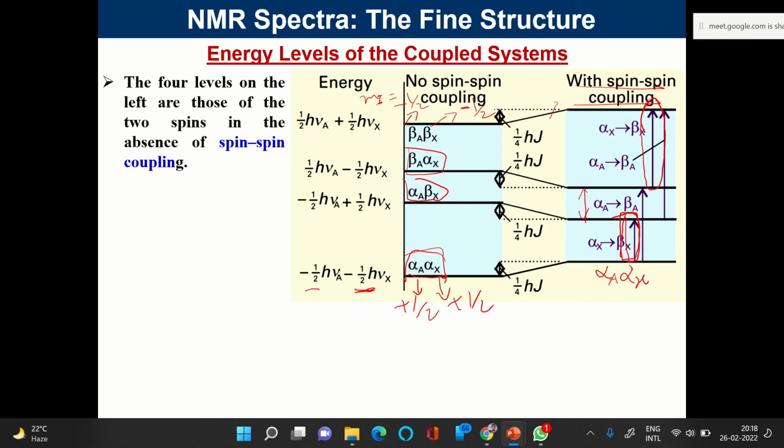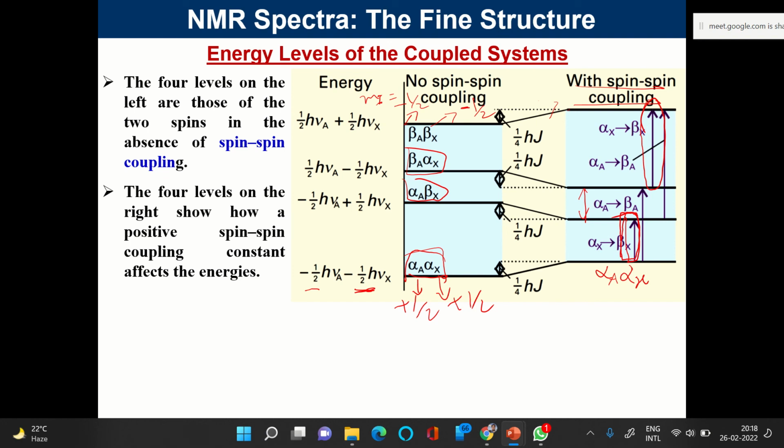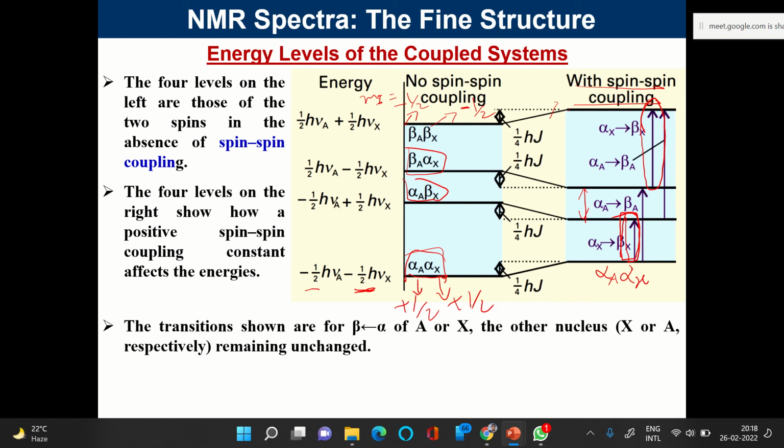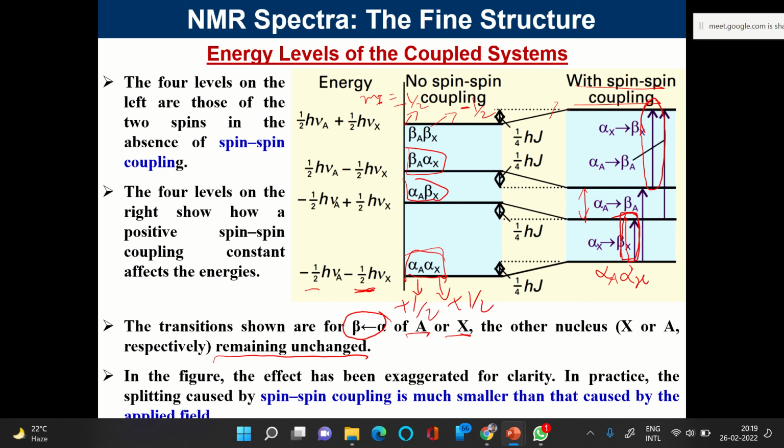So now you can see how it is coming out. We can have transitions either alpha to beta of A or X at one point of time, while the other nucleus remains unchanged during the transitions. Actually, spin-spin coupling is usually much smaller than what you see.